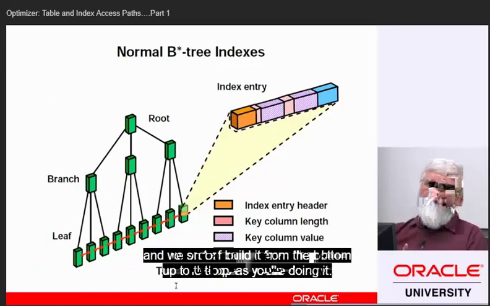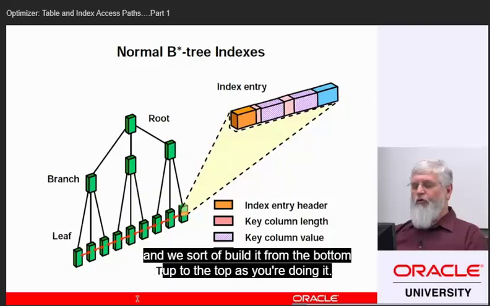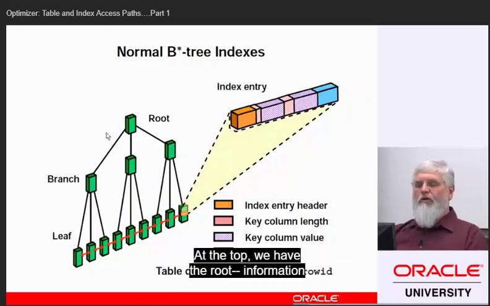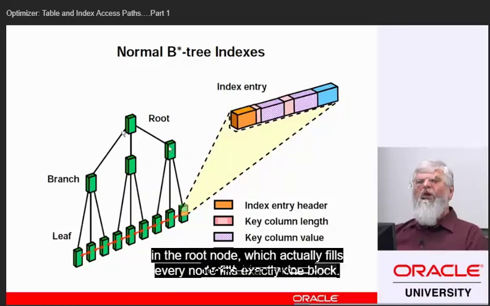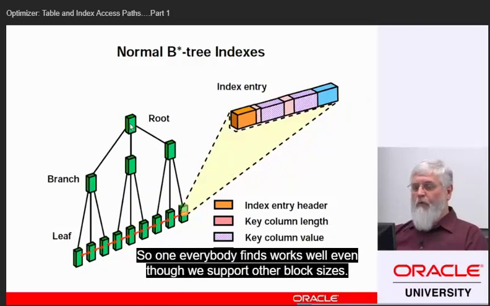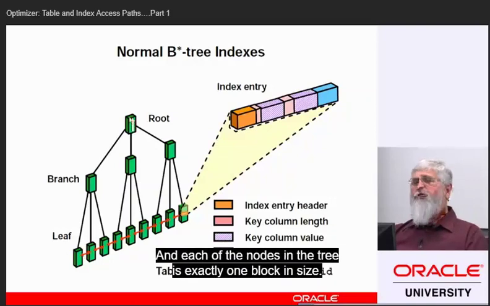Every node, including the root node, fills exactly one block. If you've got an OLTP system, the most likely block size is 8K. It's the one everybody finds works well, even though we support other block sizes. Each of the nodes in the tree is exactly one block in size. The information in the root tells us which of the branch nodes to go to.